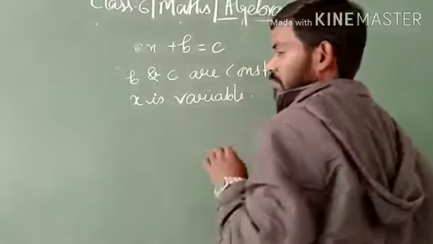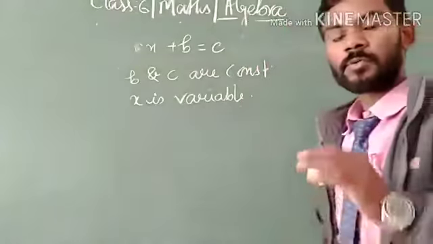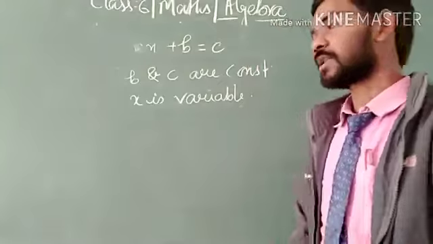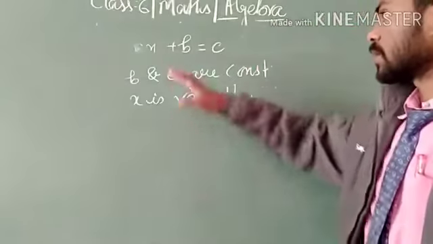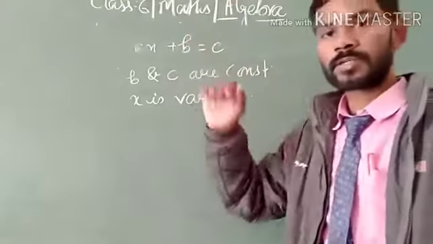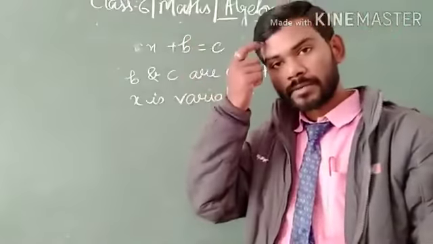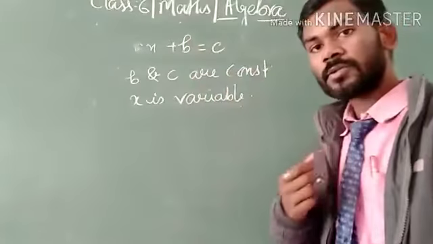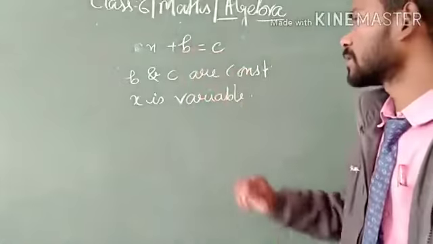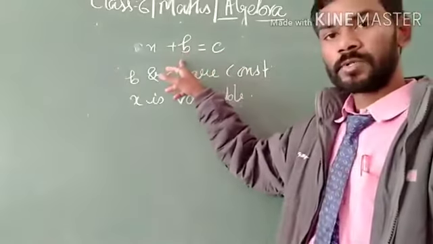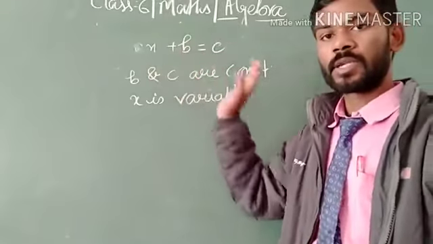In this equation, we can see that the variable x is combined with a constant quantity b. So in order to separate this x, we have to remove b from the left hand side.